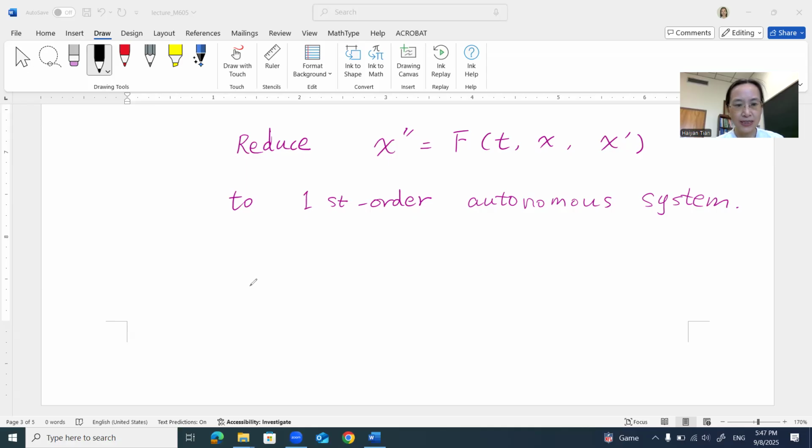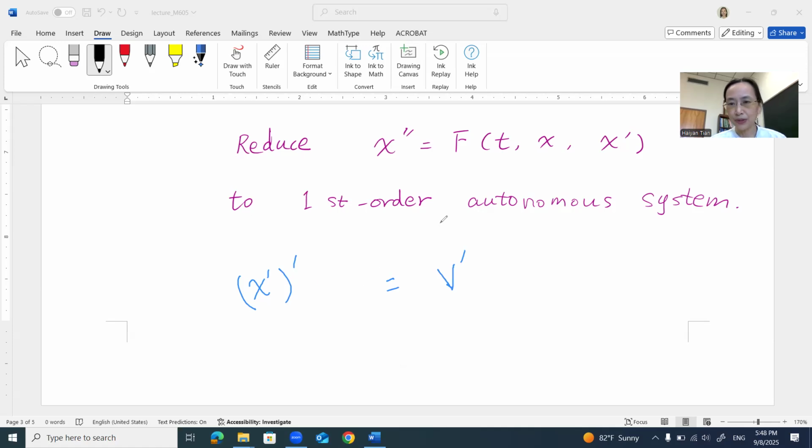into first order. That means I really want to define the first derivative of x as a new function. So then the second derivative of x: suppose I call the first derivative of x v, then the second derivative of x is simply the first derivative of v.